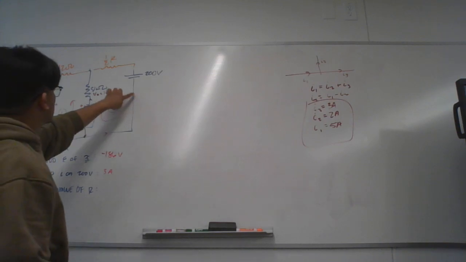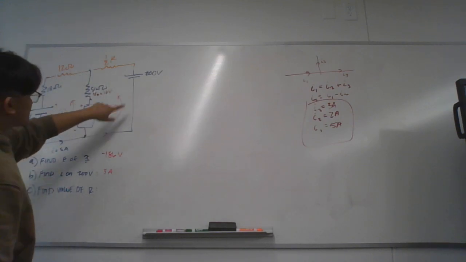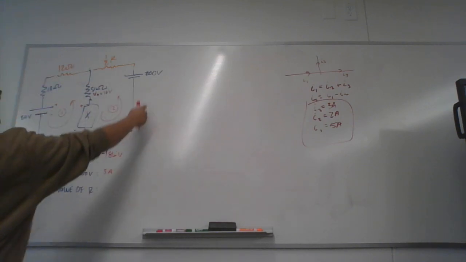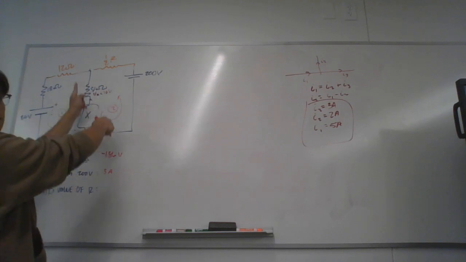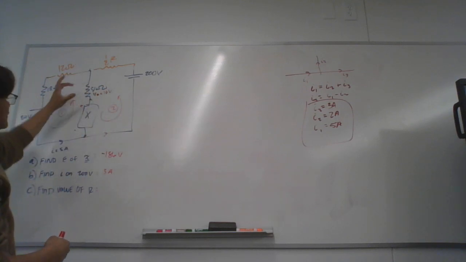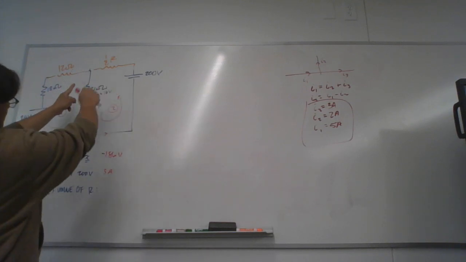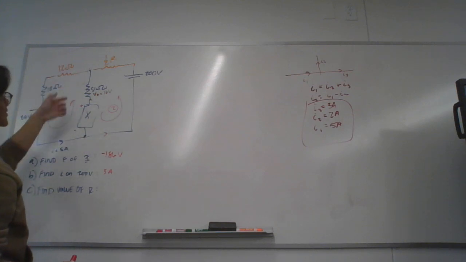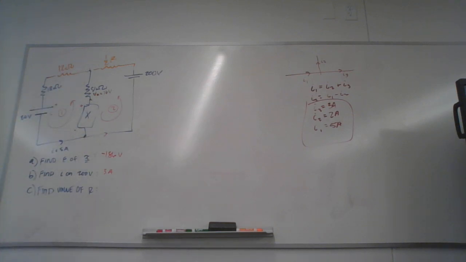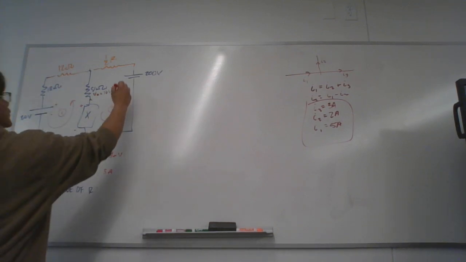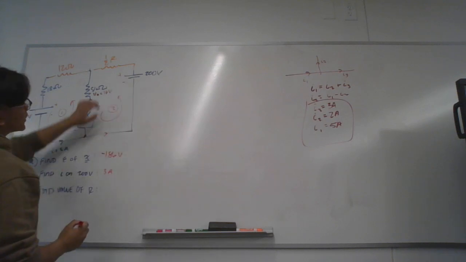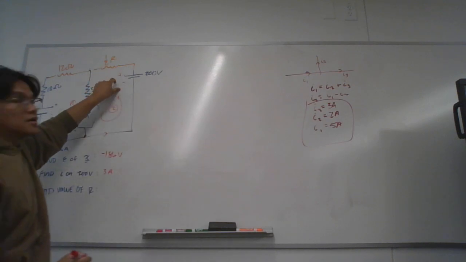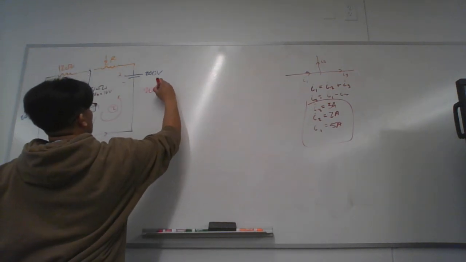Since this current is flowing in this direction, but it's also flowing this direction from the middle. So it's flowing this way, but it's also flowing this way. So the middle flows against the current, basically. Right. So if we go from positive here to negative, we're going to have a positive voltage drop. So we're going to get 200 volts.